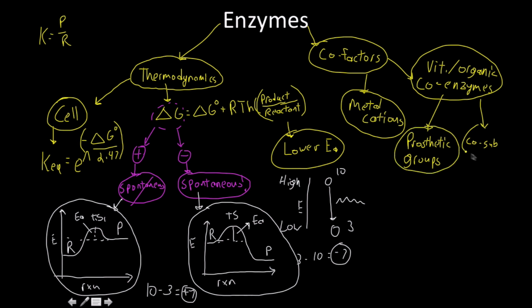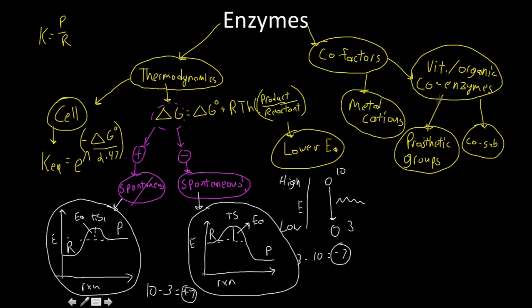In case you didn't already know this, and this is a general biology thing, everyone in general biology should have talked about cofactors at some point. What cofactors do is they bind in the active site, and when they bind to the active site of that enzyme, they make the enzyme a more conducive environment for the reaction to happen.